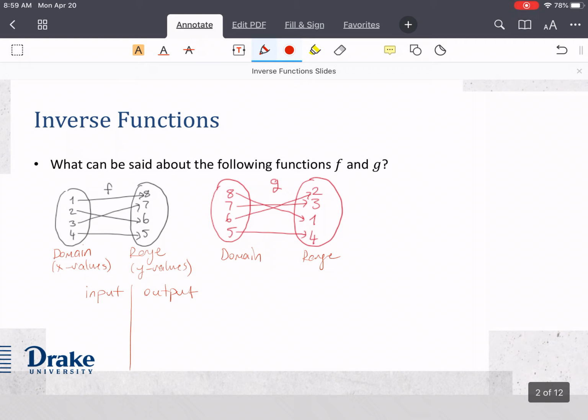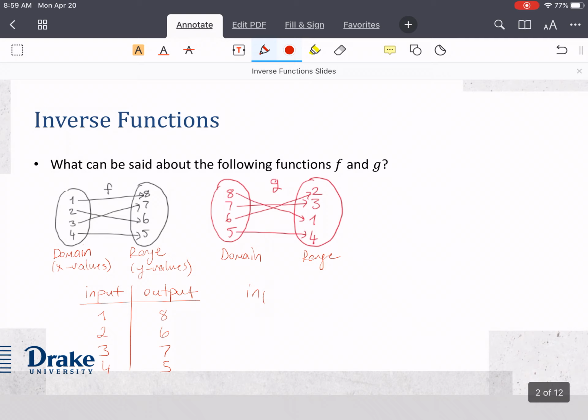So for the first function f, input 1 is assigned to the output 8. Input 2 is assigned to the output 6. Input 3 is assigned to 7. Input 4 is assigned to 5.